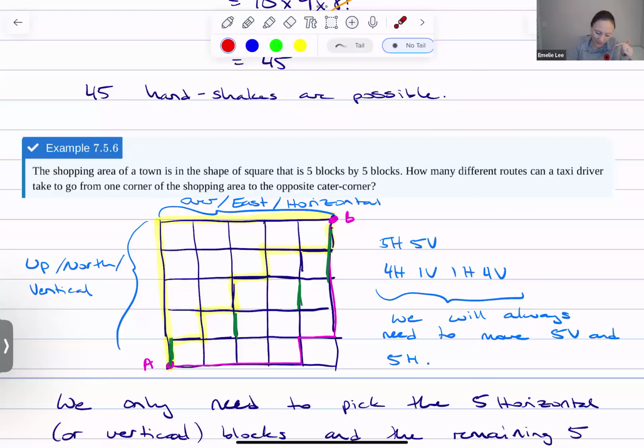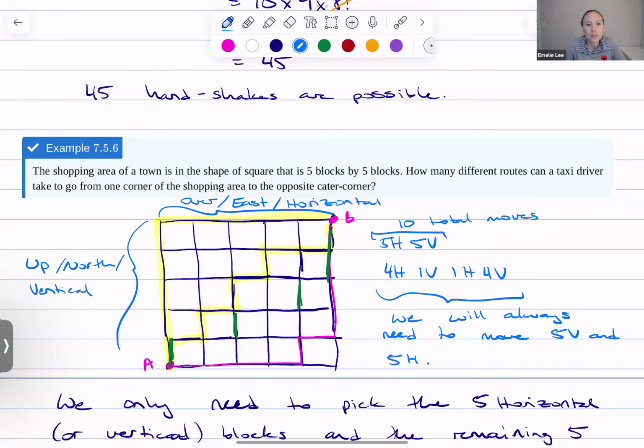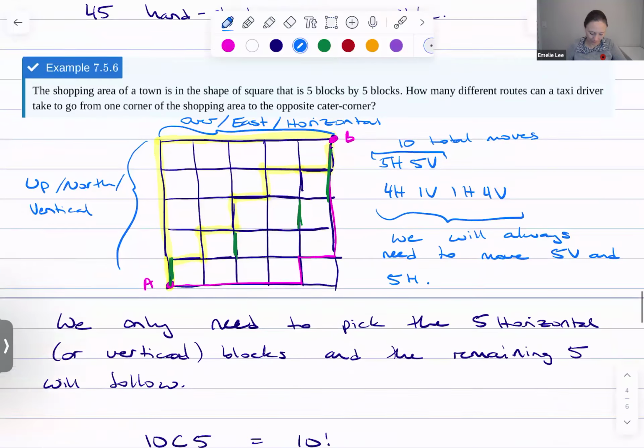And so here, 10 total moves. I should have clarified that earlier, I guess. Where 5 have to be horizontal and 5 have to be vertical, and if you just choose 5 horizontals, the other 5 will follow, right? Because they'll be determined.